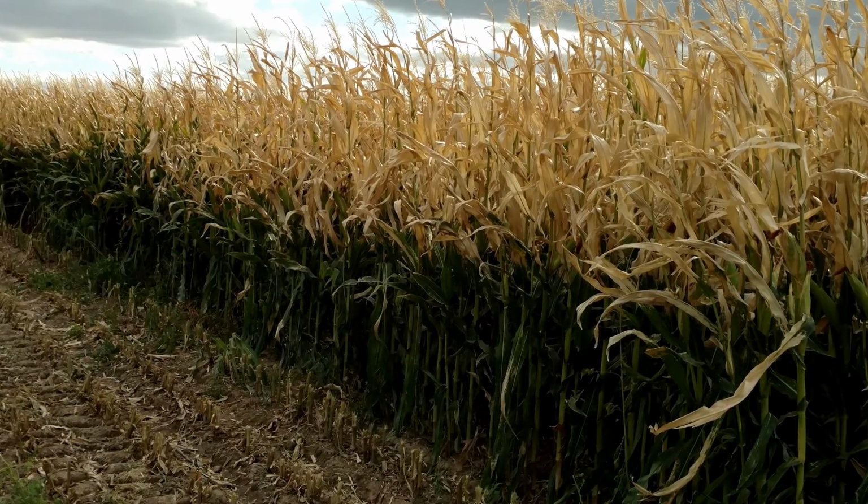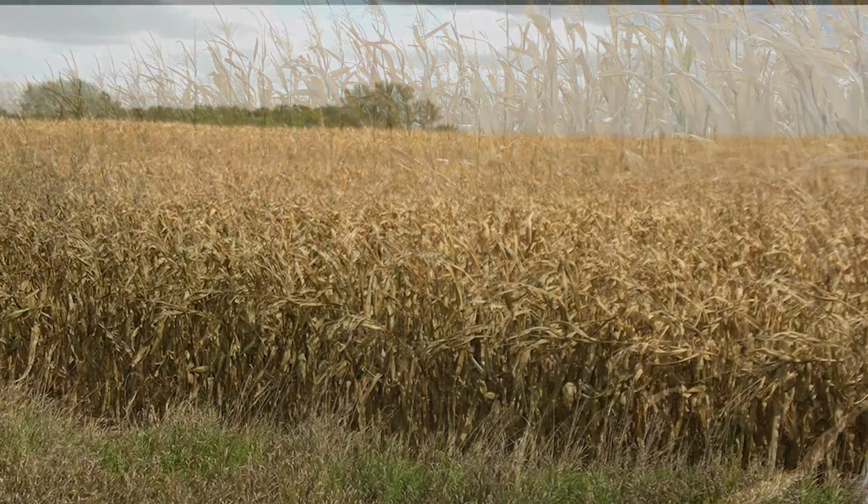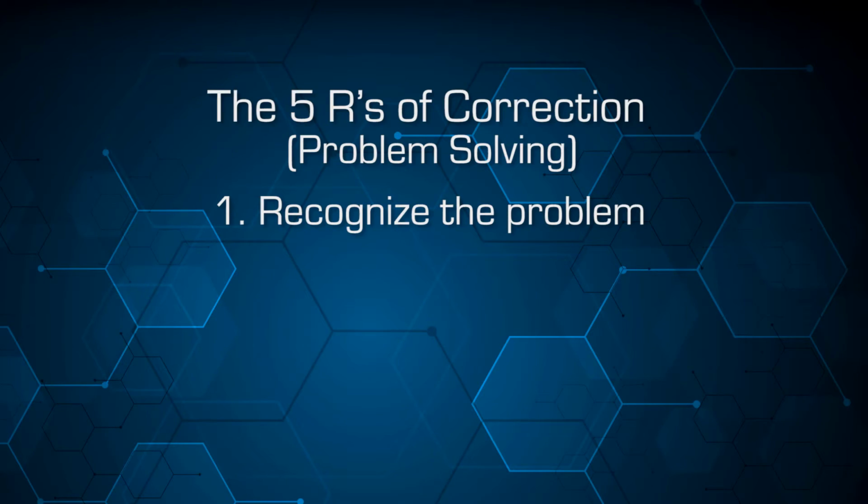It's still a disease that is pretty much ignored by most plant pathologists and agronomists, even though all you have to do is look around a cornfield in the Midwest, or even in the West now, anywhere in North America, and you'll see the incidence of this disease. So we need to recognize the problem.